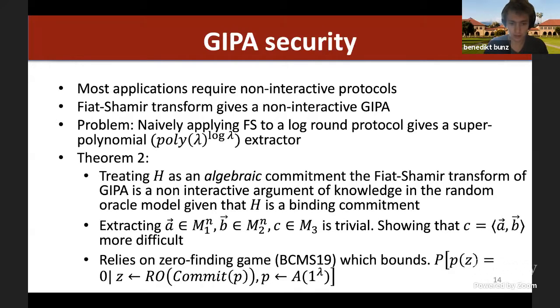And we rely on a zero finding game, which bounds the probability that if an adversary comes up with a polynomial and then commits to that polynomial, and we generate a challenge from the commitment of the polynomial, then it's unlikely that the polynomial at this random point, generated by the random oracle, is zero unless the polynomial itself is zero.